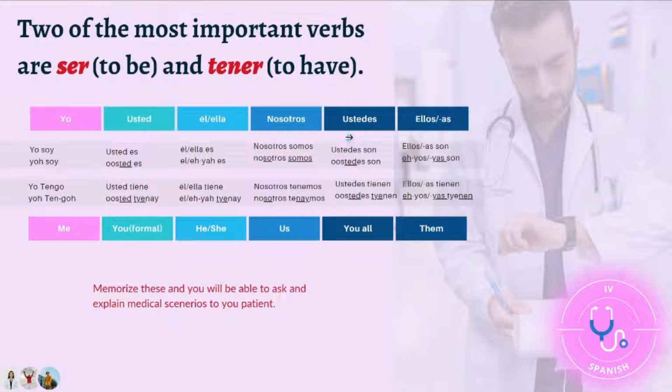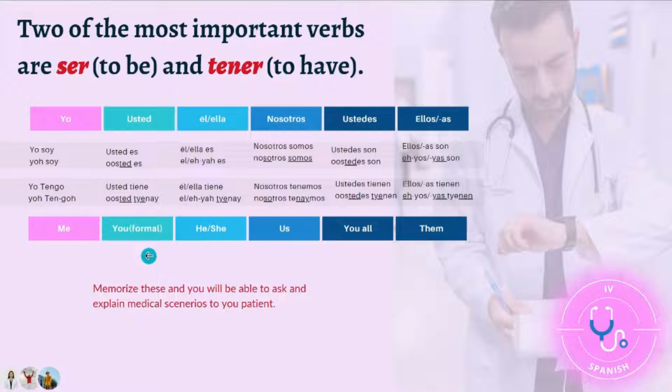Also, for you all, that would be ustedes son, ustedes tienen. You get the idea. And for them, ellos, or ellas if it's female. Remember, if it's a mixture of males and females in a group, it would be ellos. Always use the male plural. Ellos son, ellos tienen. Memorize these because you will be able to ask and explain medical scenarios to your patient.